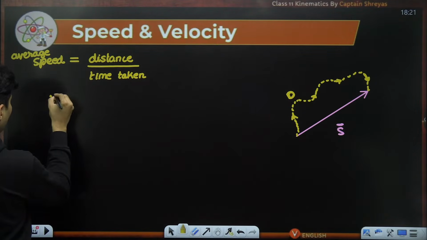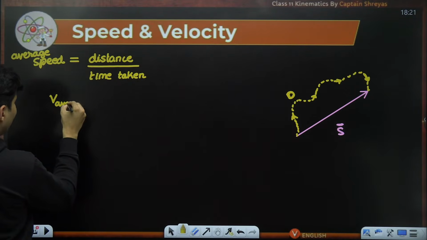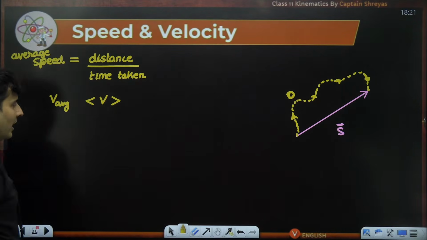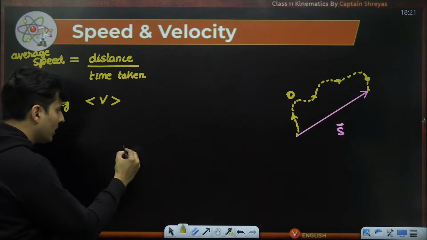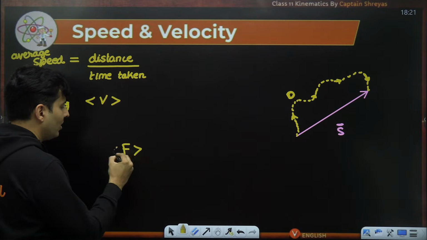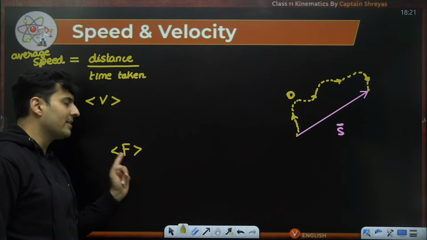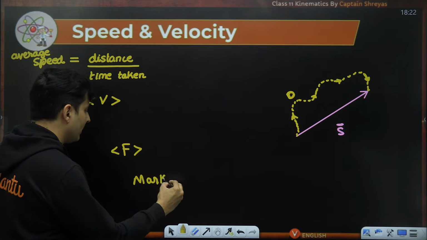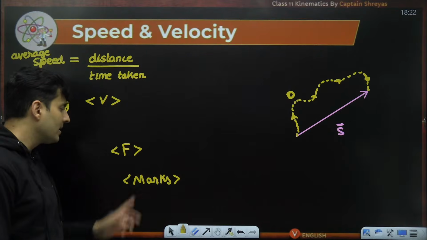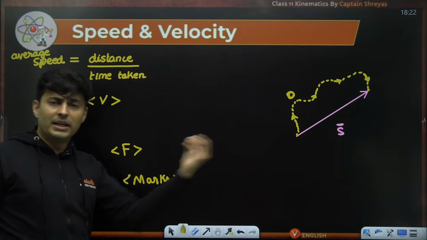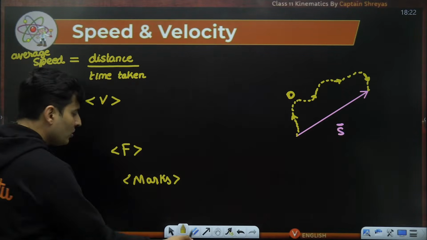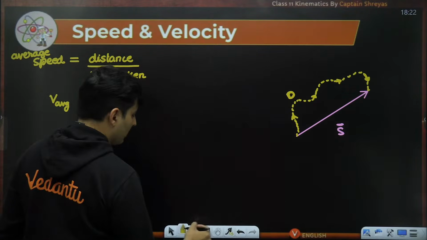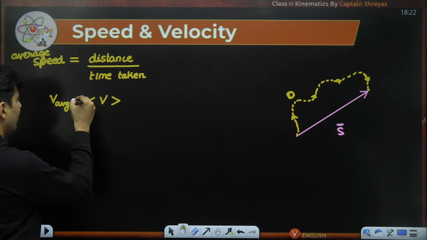So the symbol for average, we can use VAVG or just use these triangular brackets. If I put a symbol like F and I put triangle, that means I am asking you what is average force. If I put marks over here and then I put these brackets, it means I'm asking what is the average marks of the students. Both of them are perfectly fine.